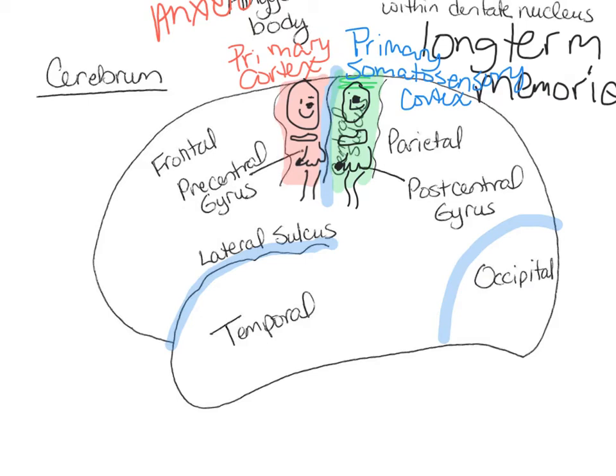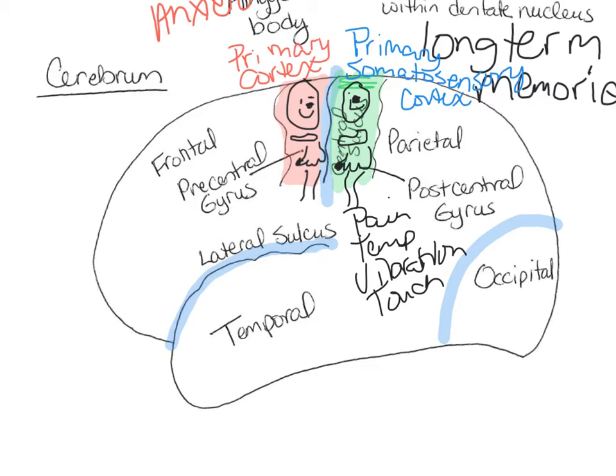So the sensations that come in here, though, are not the special senses. The sensations that come up into this primary somatosensory cortex are all your general senses. So your pain, your temperature, your vibration, your touch, all of those general sensations end up there.